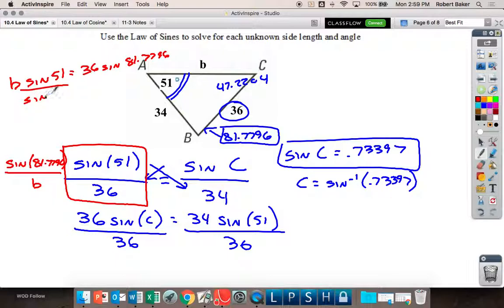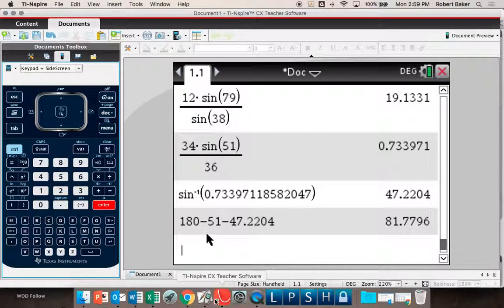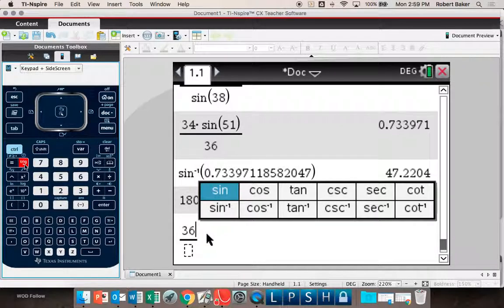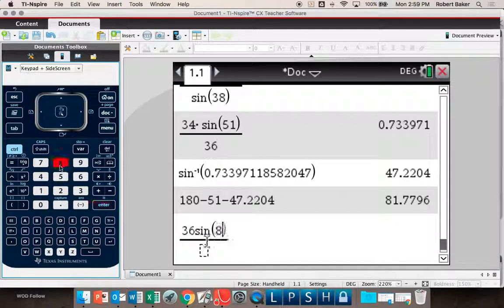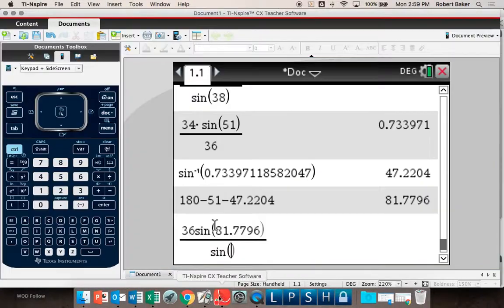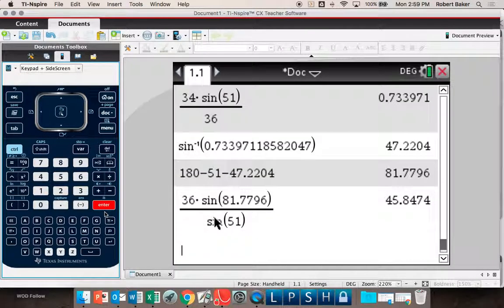Divide both sides by sine 51. Let's try it out. 36 sine 81.7796 divided by the sine of 51 is 45.8474.